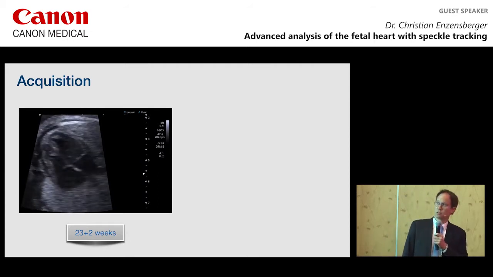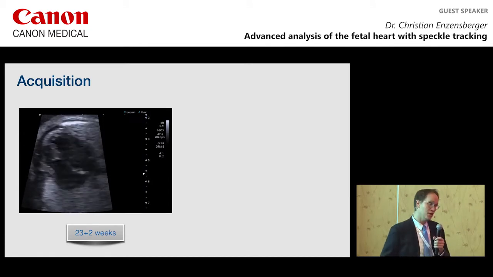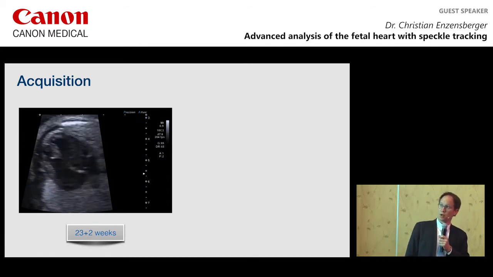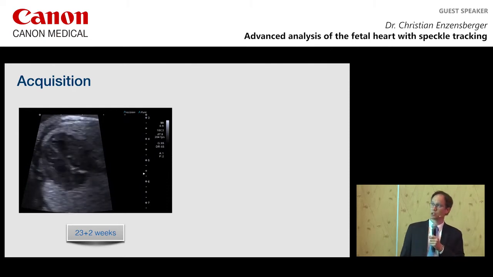What we have to do is to get one cardiac cycle; we have to crop the cycle after you have saved it on your ultrasound machine.